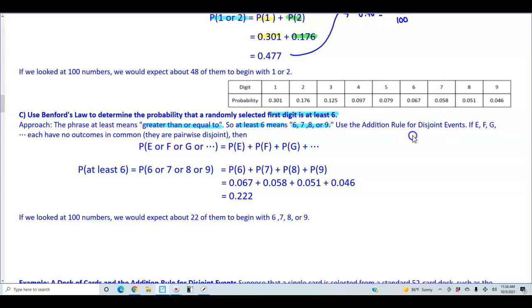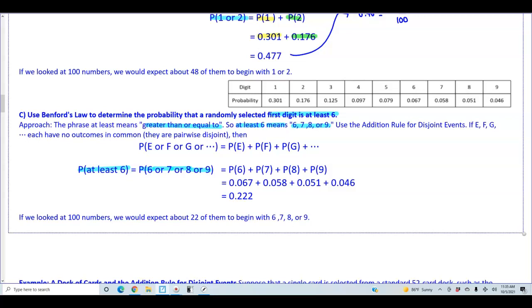So we're going to use the addition rule for disjoint events. If E, F, and G, and so on, each have no outcomes in common, they are pairwise disjoint, then the probability of E, F, or G, and so on, is equal to the probability of E plus the probability of F plus the probability of G. So again, we're looking for the probability of at least 6, which is equal to the probability of 6, or 7, or 8, or 9.